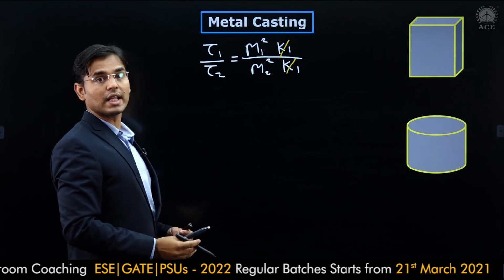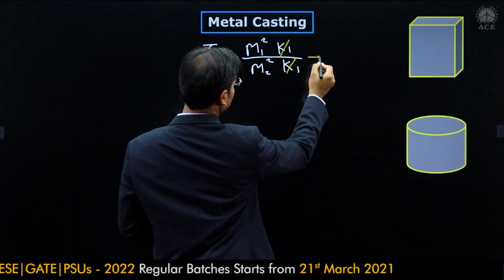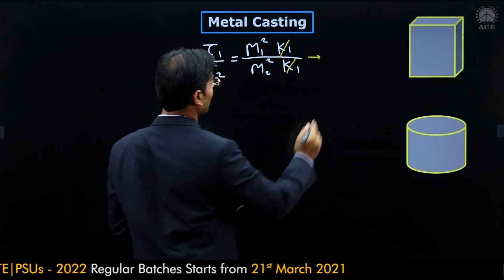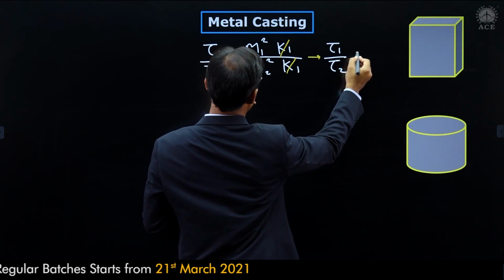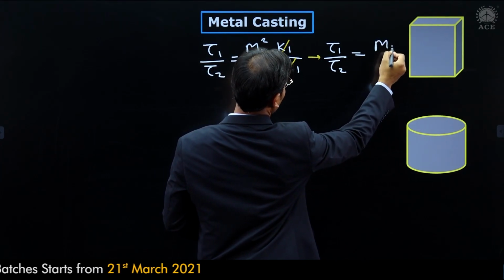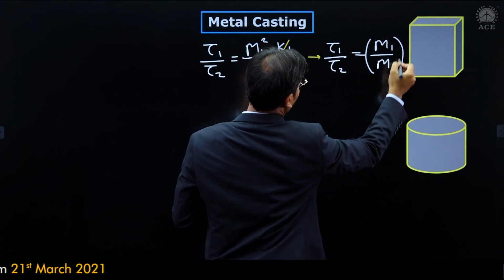Here K1 is cancelled. What remains is tau 1 by tau 2 is equal to (M1 by M2) whole square.